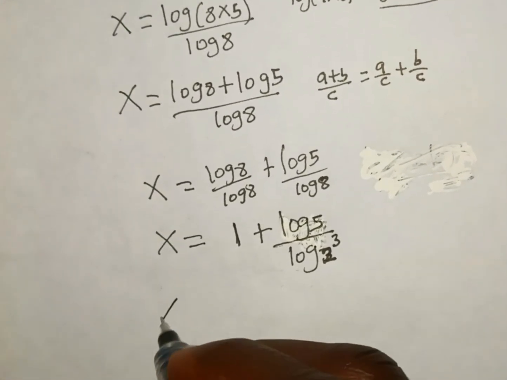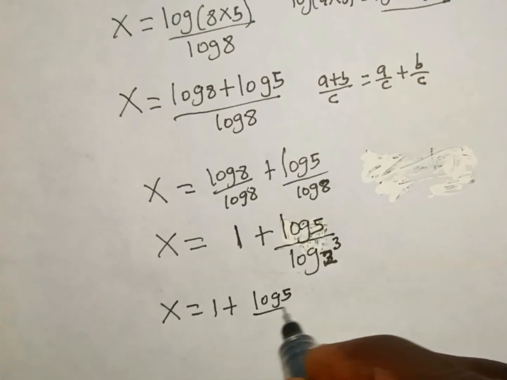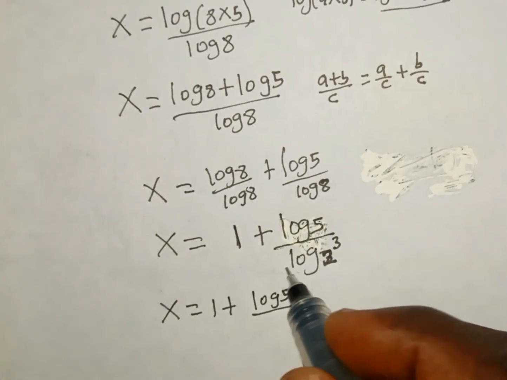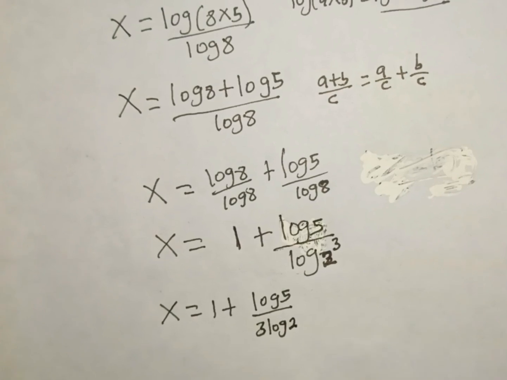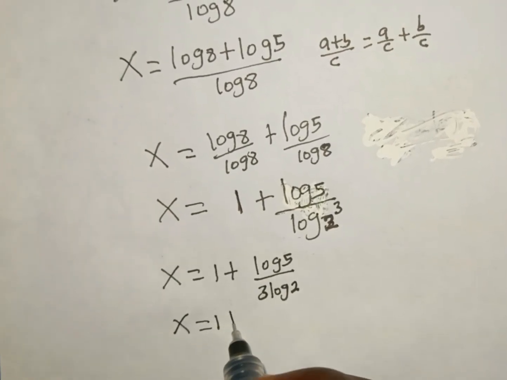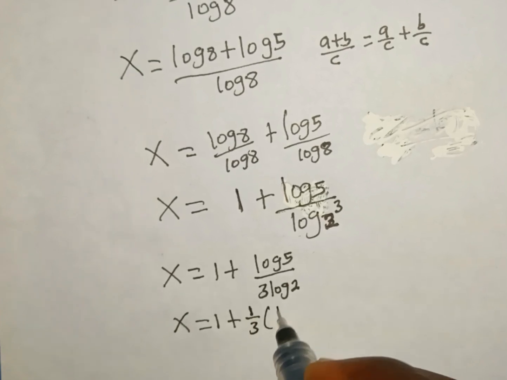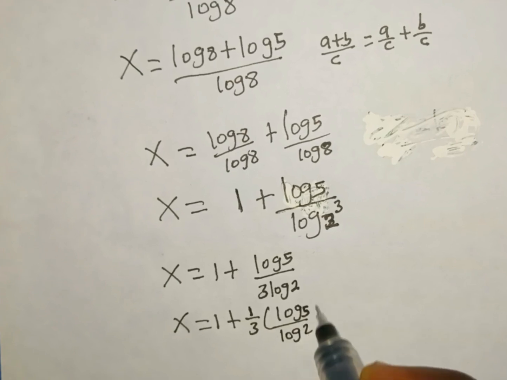So that we have x equal to 1 plus log of 5 over, according to the power property of logarithm, this power is going to go back to multiply log 2, so we're going to have 3 log of 2. Now from here, we can factor out this 3, which is going to be 1 plus 1 over 3 into log of 5 all over log of 2.